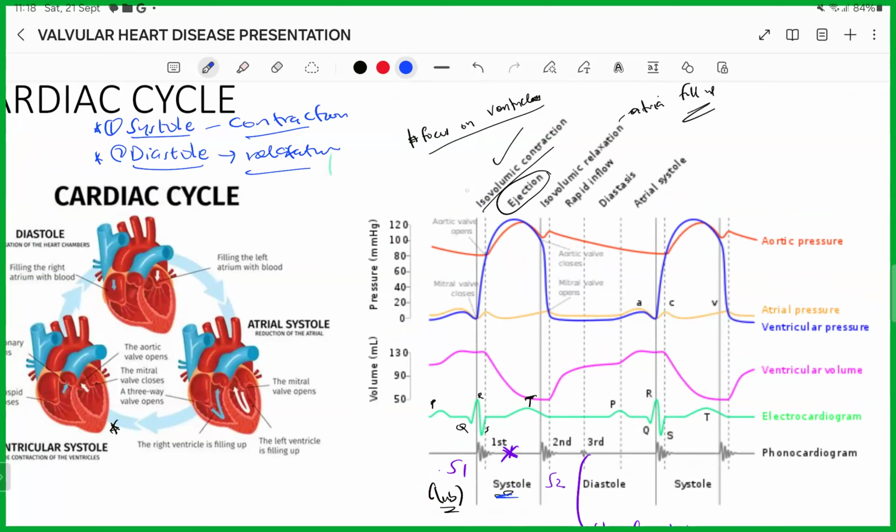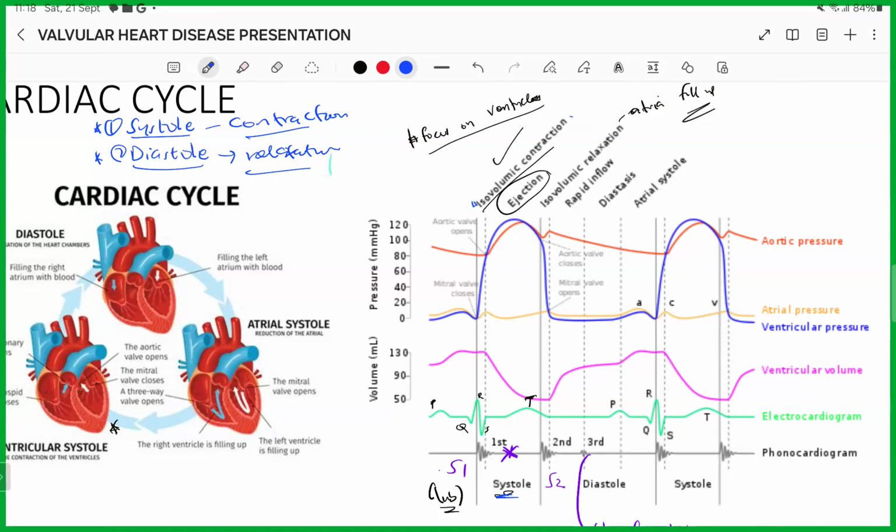The first phase of systole is what is known as isovolumetric contraction, which is this phase where both the semilunar valves, that is the aortic and pulmonary, as well as the atrioventricular valves are all closed. So you have contraction such that you're building up pressure within the ventricles, getting ready to pump blood.